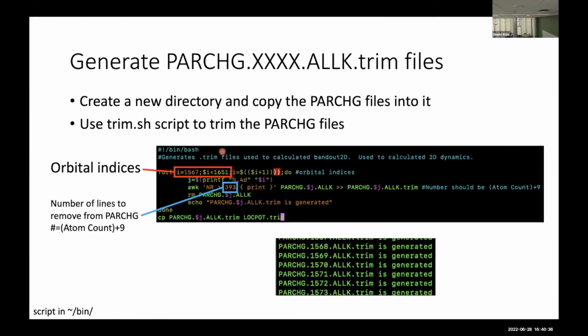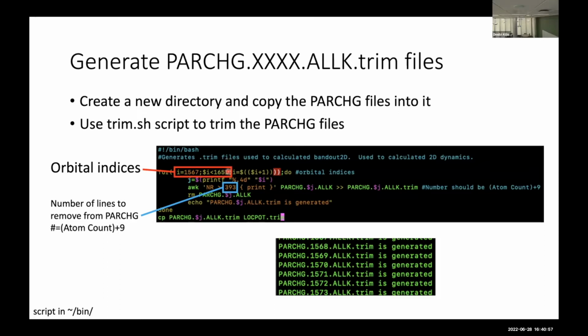So if we look at how we actually generate these, here we're generating the .trim files. If we look at the trim script, you would want to copy the part charge files into a separate directory because the script deletes them at the end.